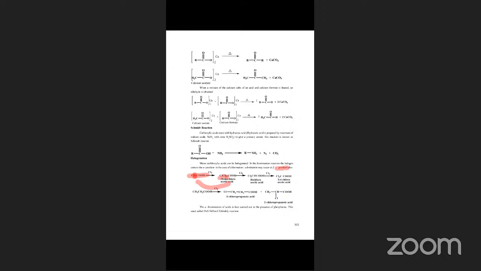So in this reaction, halogenation, one hydrogen is replaced by a halogen. Next reaction: in this one, how many hydrogens? Only one, and another chlorine is added.